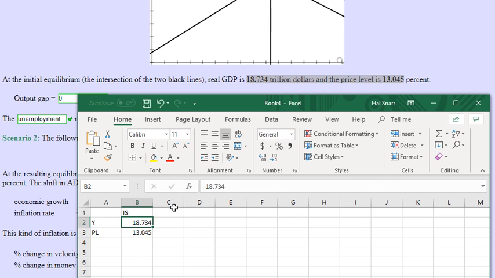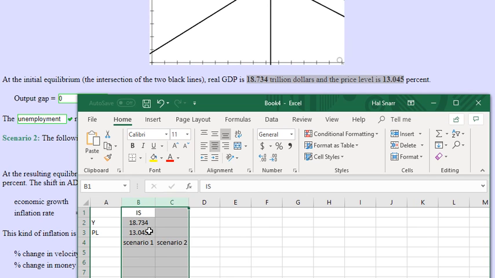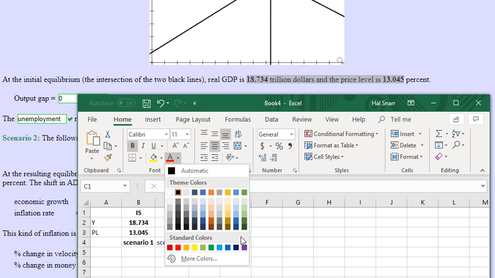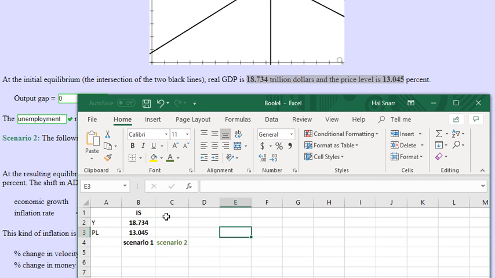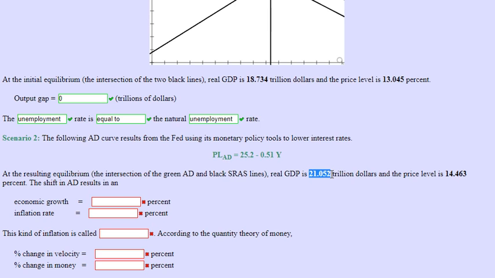This is what it is in scenario 1, in black, and here is scenario 2, in green. This is what it is, and this is what it was. So let's get the values: this is what GDP is in scenario 2, and that's what the price level is in scenario 2.